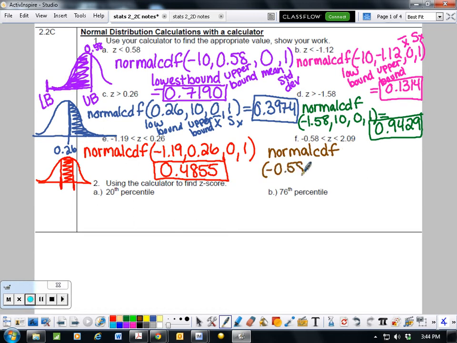That's my lower bound. My upper bound, 2.09. Mean of 0, standard deviation of 1. Don't forget that's in the distribution menu. And I get 0.7007.